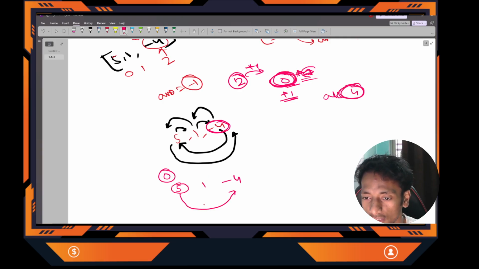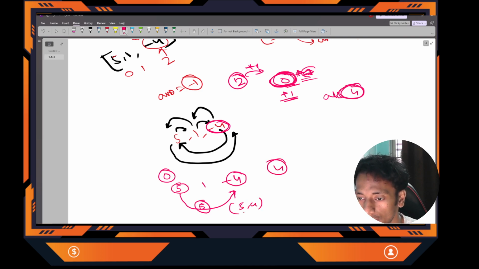So the maximum I can transfer is 5, but the amount I actually need is 4, so I will choose the minimum of these, which is 4. I will transfer balance 4 from here.